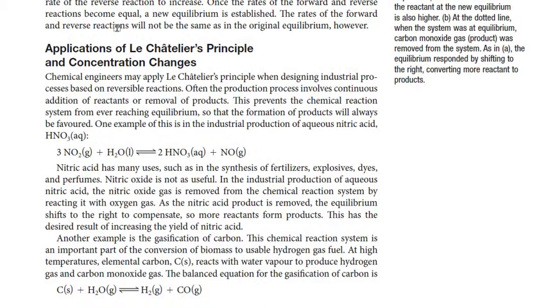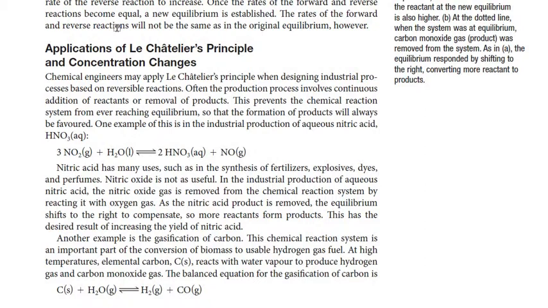One example of this is the industrial production of aqueous nitric acid, HNO3. So for example, we have 3NO2 plus H2O gives 2HNO3 plus NO. Nitric acid has many uses such as in the synthesis of fertilizers, explosives, dyes, and perfumes. Nitric oxide is not as useful in the industrial production of aqueous nitric acid.